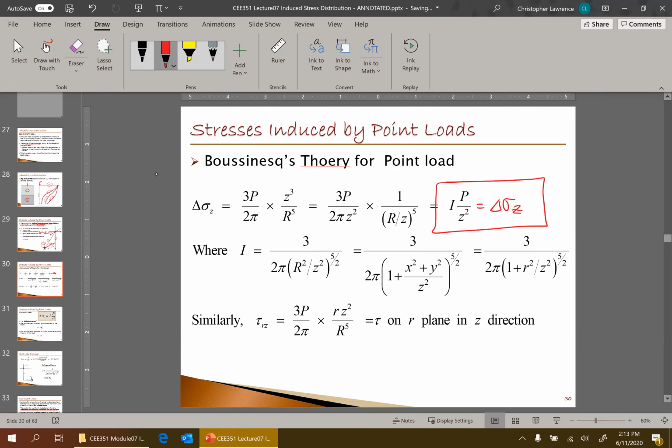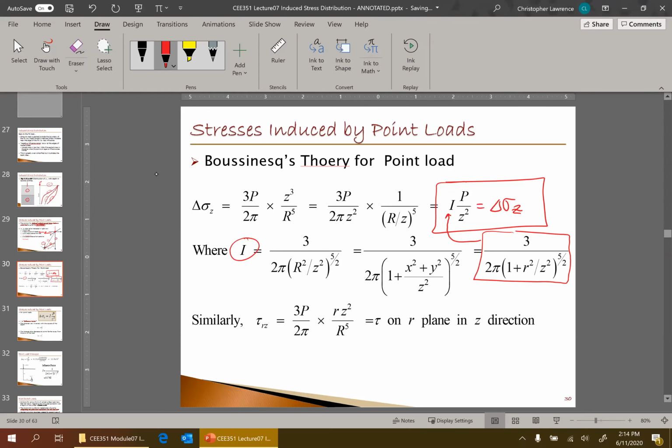Where I is the influence factor. So we take the magnitude of the point load and the depth z squared. The first thing we see is that it's not a linear relationship.